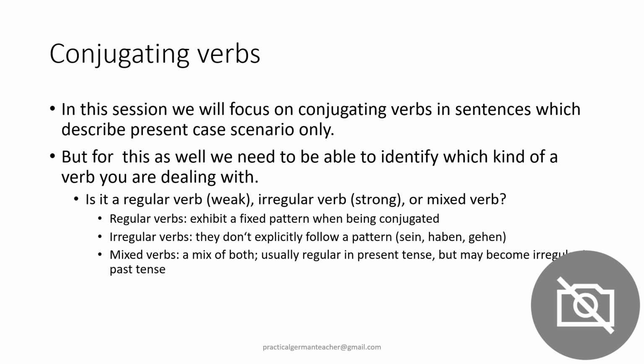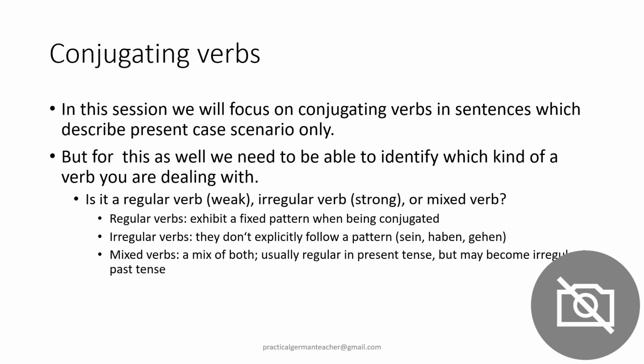Here, you need to be aware of three categories of verbs. These three categories are regular verbs, irregular verbs, and mixed verbs. Regular verbs are also referred to as weak verbs, whereas irregular verbs are referred to as strong verbs. Regular verbs follow a fixed pattern when you are trying to conjugate them.